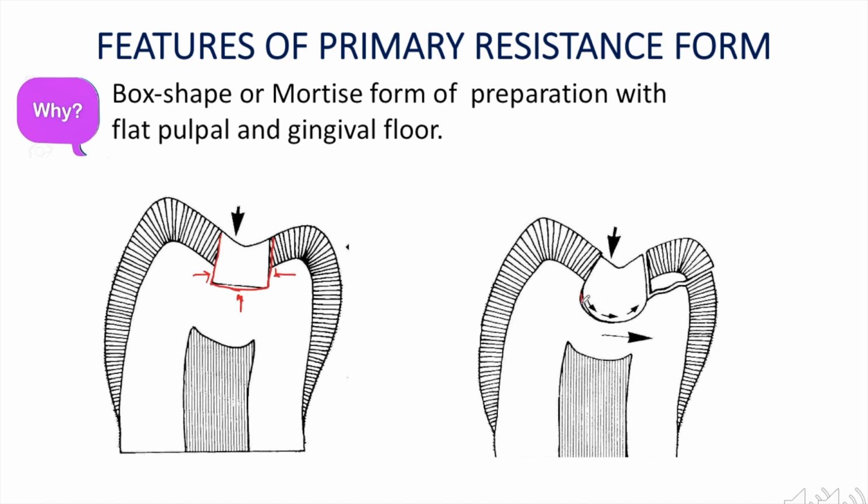For example, you can see in this image that the cavity which has the curved floor shows micro movement of the restoration, and thus more shearing forces will come into play, which increases the chances of tooth or restoration fracture, and thus decreases the resistance form. I hope this is clear now why we should have box shape or mortise form of the preparation with flat pulpal and gingival floors.